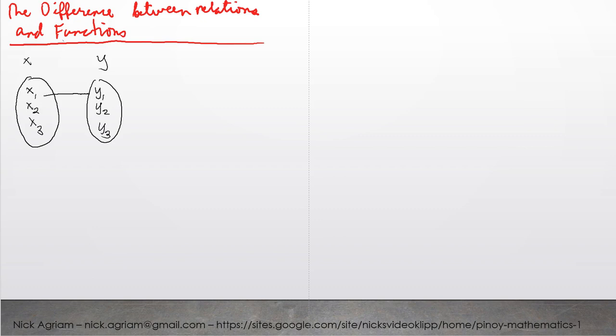If x sub 1 connects to y sub 1, and x sub 2 connects to y sub 2, and x sub 3 connects to y sub 3, and so on, x sub n connects to y sub n, then we have what we call a one-to-one relation.